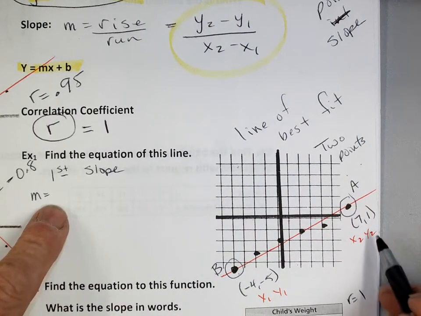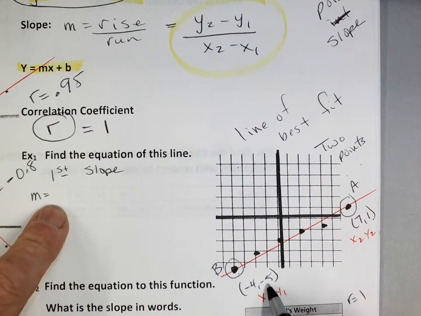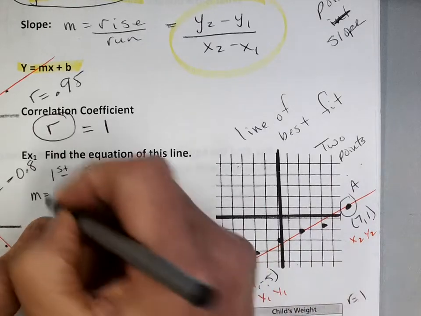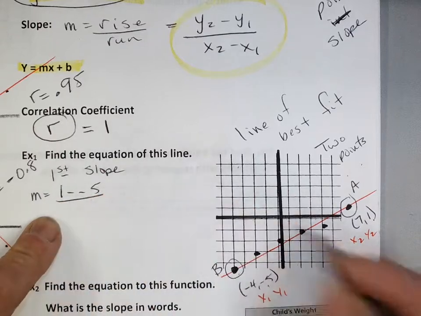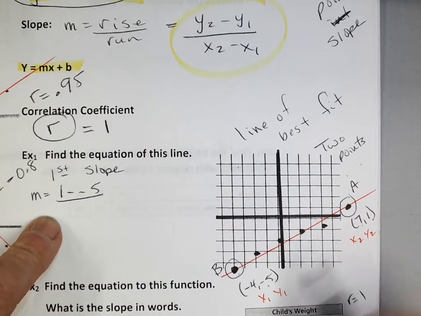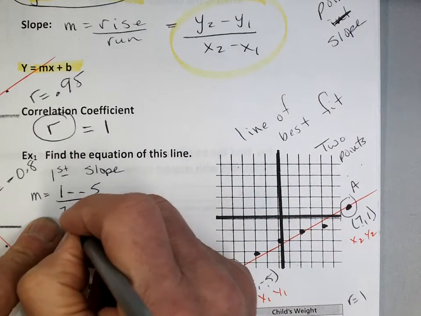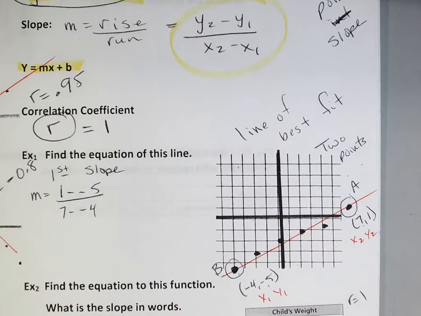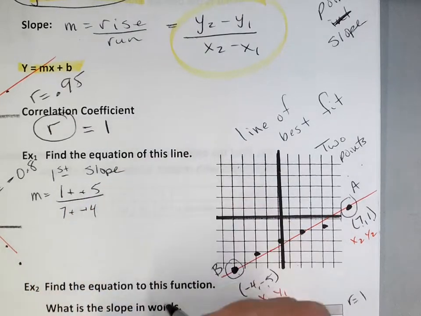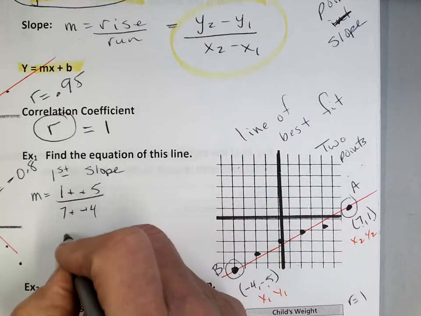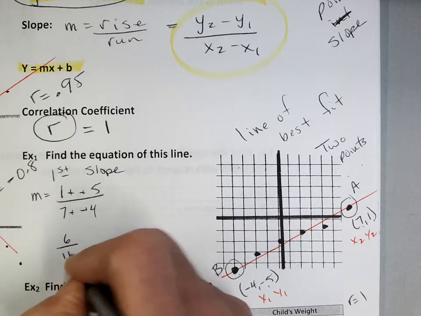So I'm going to go 1 subtract negative 5 over 7 subtract negative 4. Okay, how's that? Double negatives. So I'm going to get 6 over 11, okay?